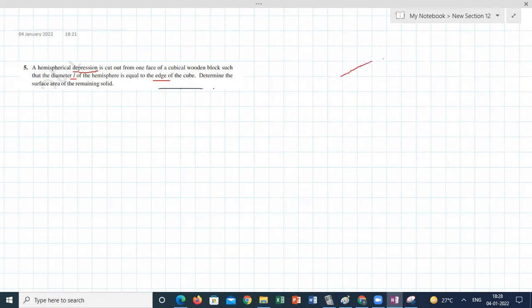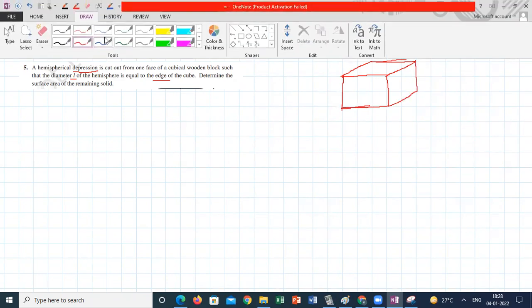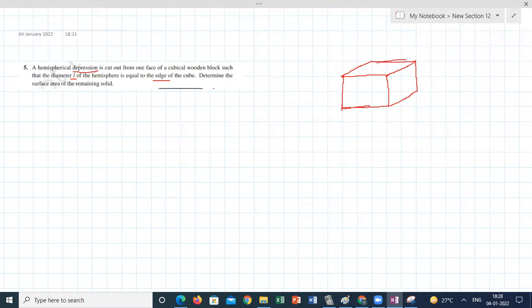So it is the same kind of question. The small change is, instead of keeping a hemisphere, he removed some amount of the solid in the shape of a hemisphere like this.